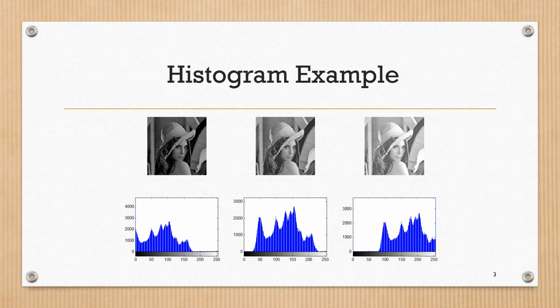For example, based on the pixel intensity of a grade level image, an image histogram can be built to describe the distribution of pixel intensity. You can see such image histogram on your digital camera to tell you whether a photo is underexposed, as shown on the left, or well exposed, as demonstrated in the middle, or overexposed, as depicted on the right.